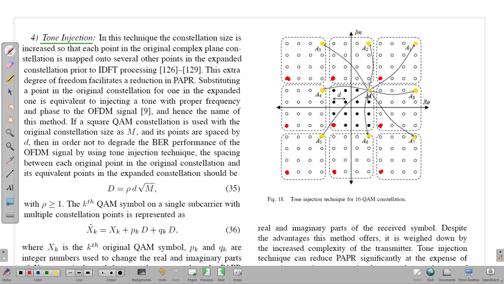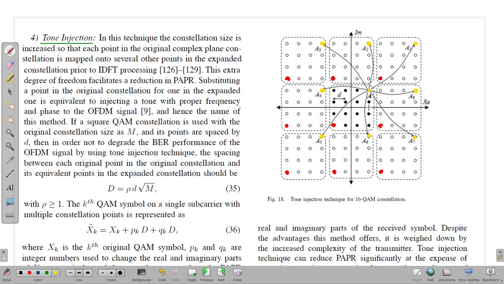So what happens is that when this point can be mapped onto any of these constellation points, two things happen. One is that a change in energy can happen. Second is a change in phase.